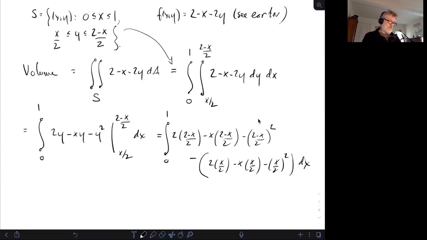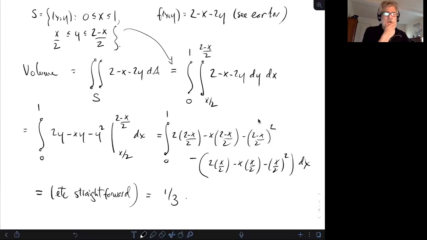Okay, and again, you get just a big polynomial in x and have to expand. You can simplify if you wish, but I'm not going to do the computation. And you will find 1/3.